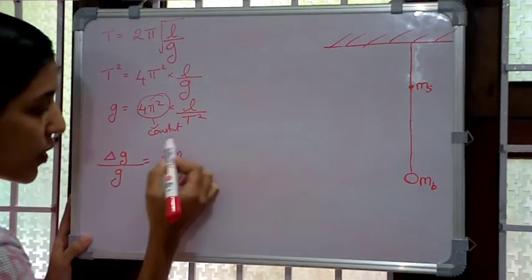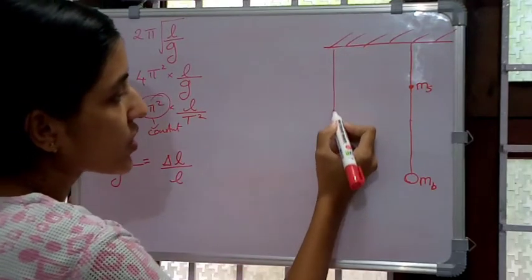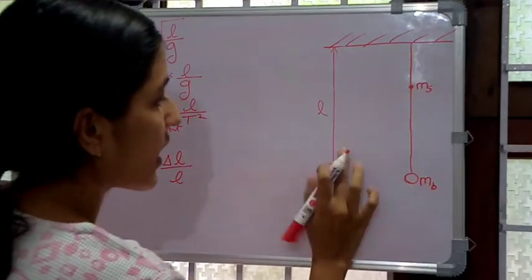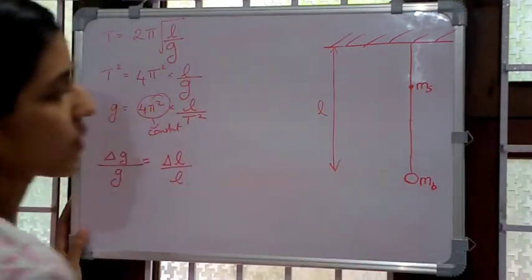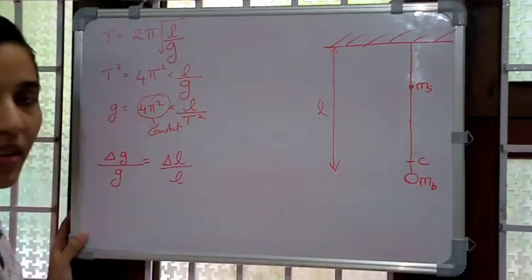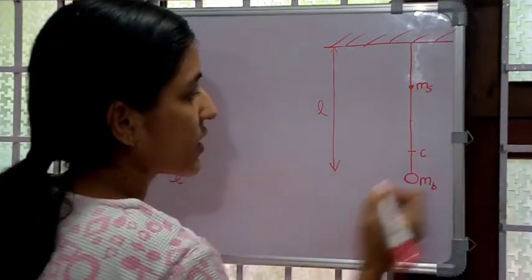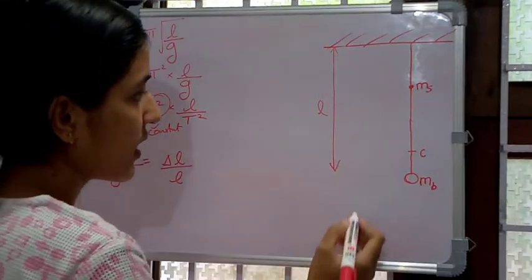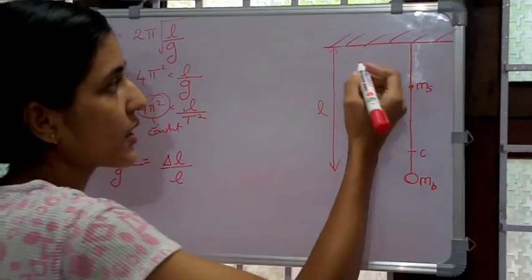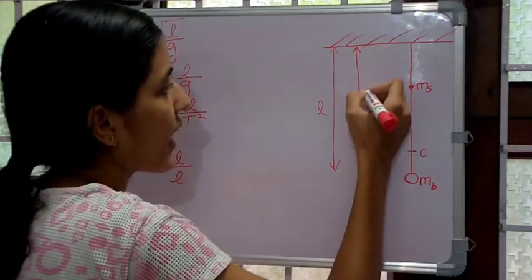For that, first of all, we should know this value. Here I am taking the length of the string as L. So this is the length of the string. I'm considering the center of mass to be situated here, and I'm considering the distance from the center of mass to the top surface of the system as L dash.